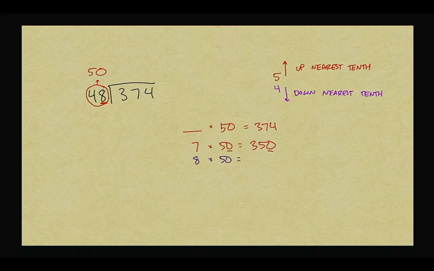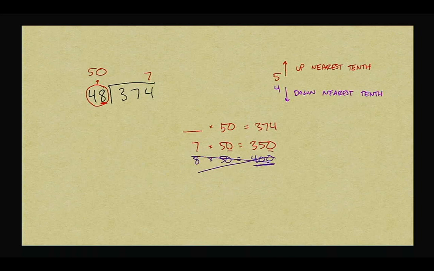I know 8 times 5 is 40, so 8 times 50 is 400, and that's greater than 374. We don't want that. We want the number that's less than 374, 350. So that means 7 is the number we're going to put up on top of our division symbol here.